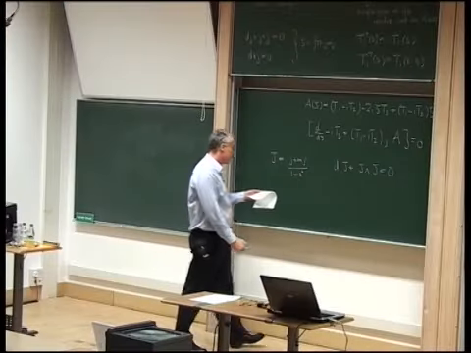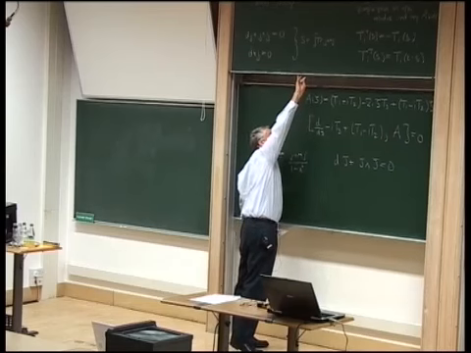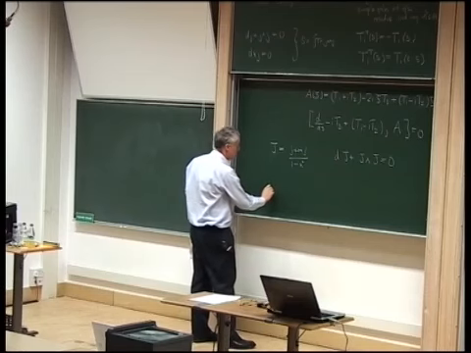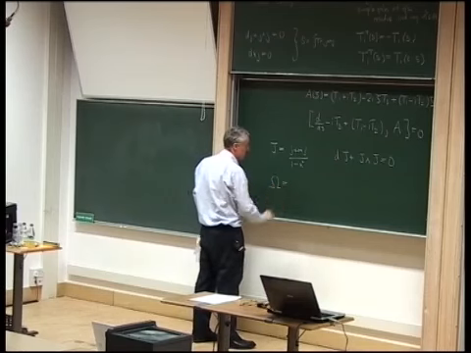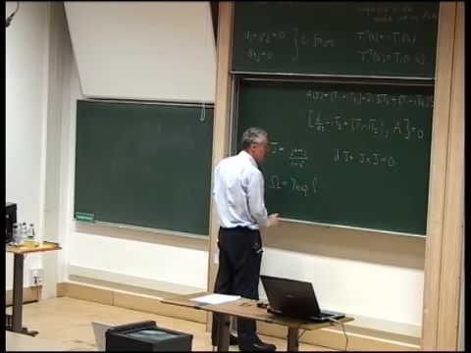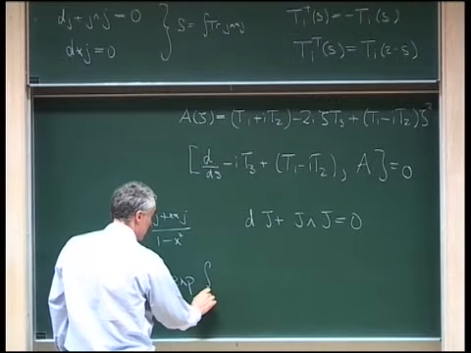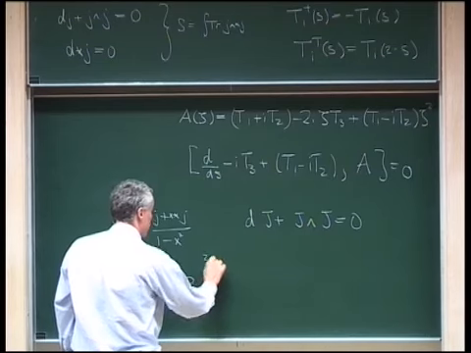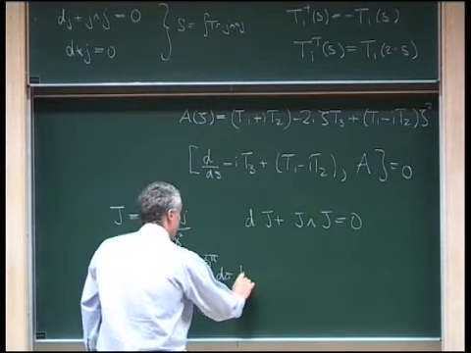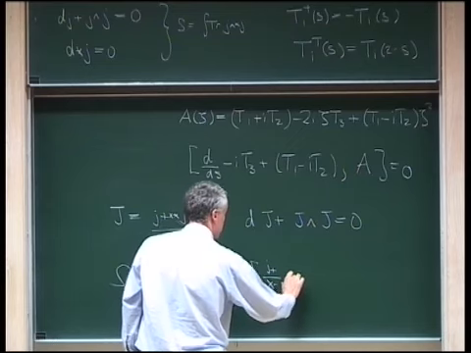And if we have a flat connection, then we've seen several times already that we can introduce the Wilson loop associated with this. So we have the path-ordered exponential, and let's do it at fixed time, fixed tau. If we do this, then we have, at least in my conventions, something like this.